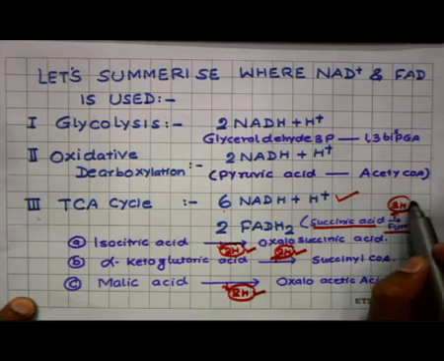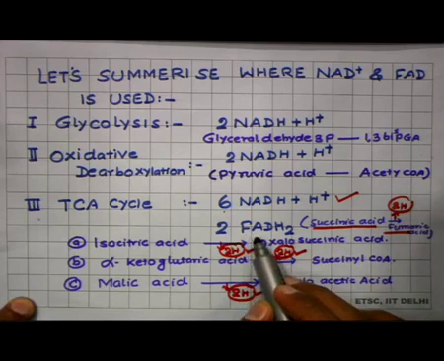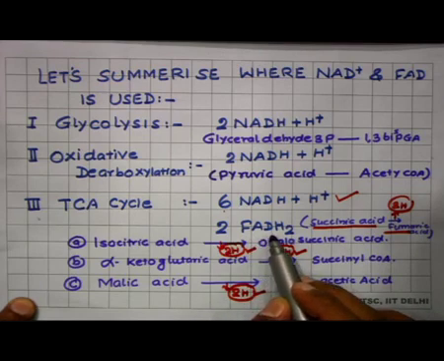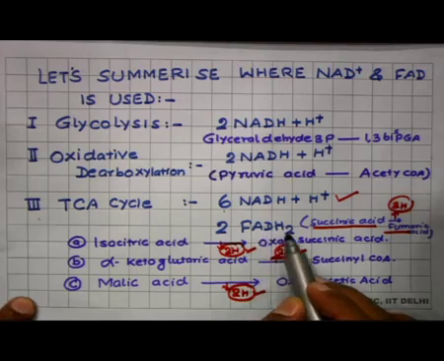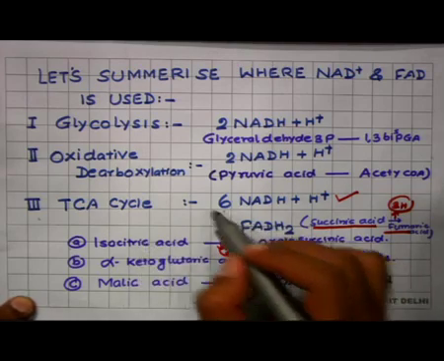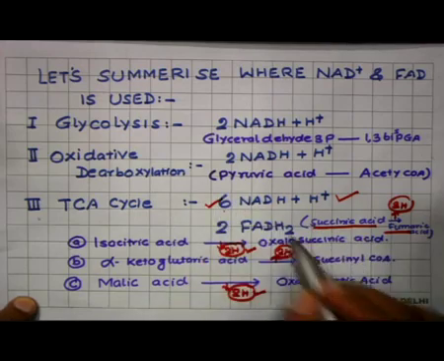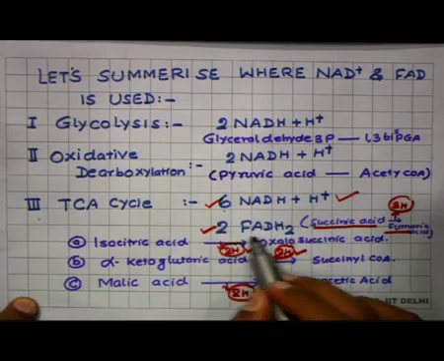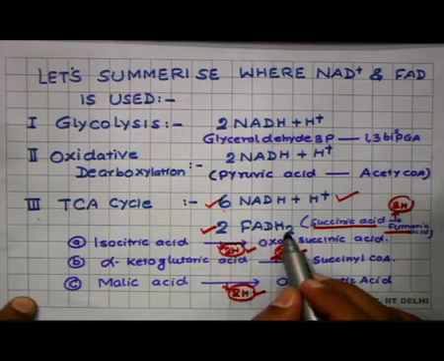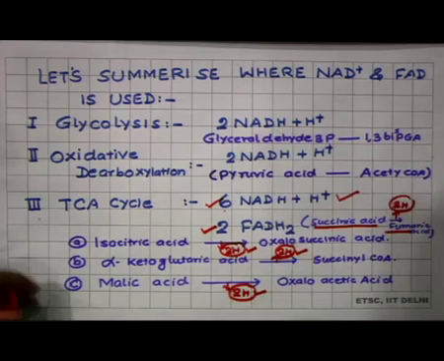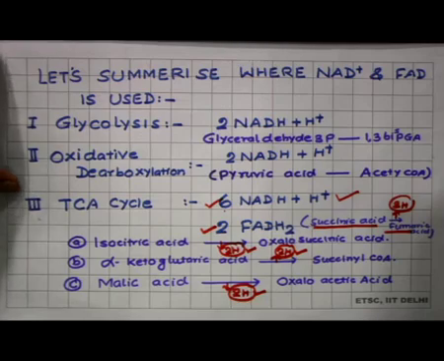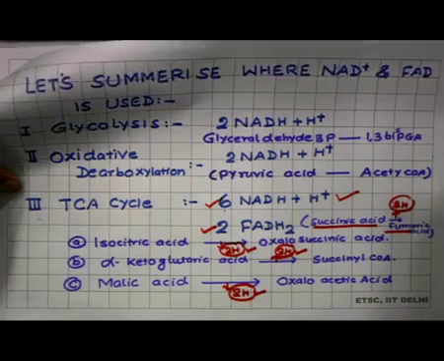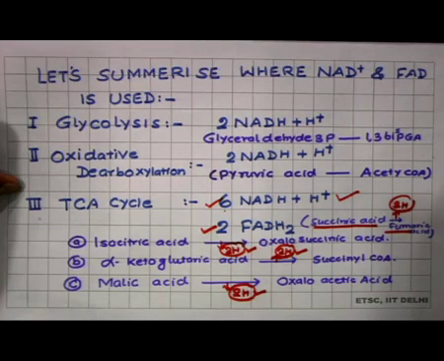These 2 hydrogens are accepted by FAD, flavin adenine dinucleotide, which is converted into FADH2. So, in the TCA cycle 6 NADH plus H plus and 2 FADH2 are formed. All this NADH plus H plus and FADH2 now go to oxidative phosphorylation.